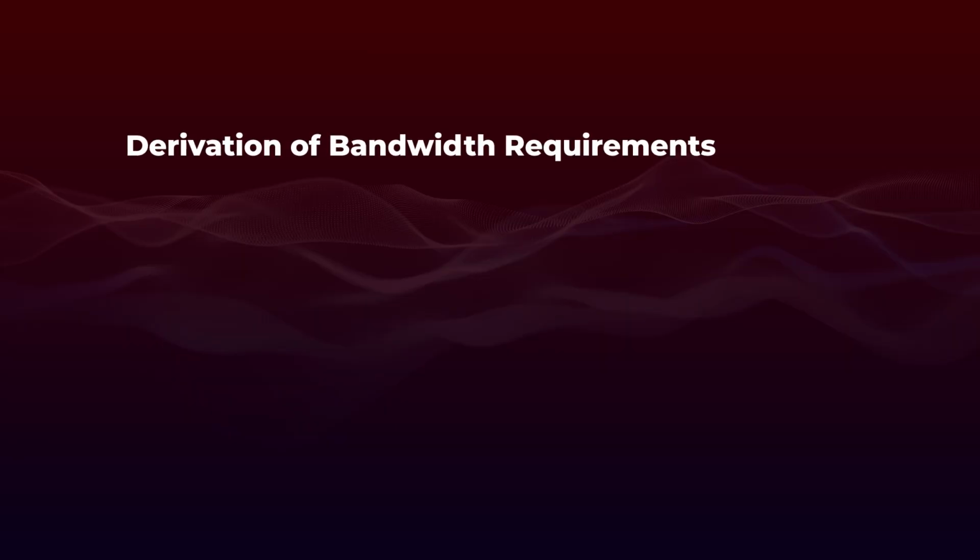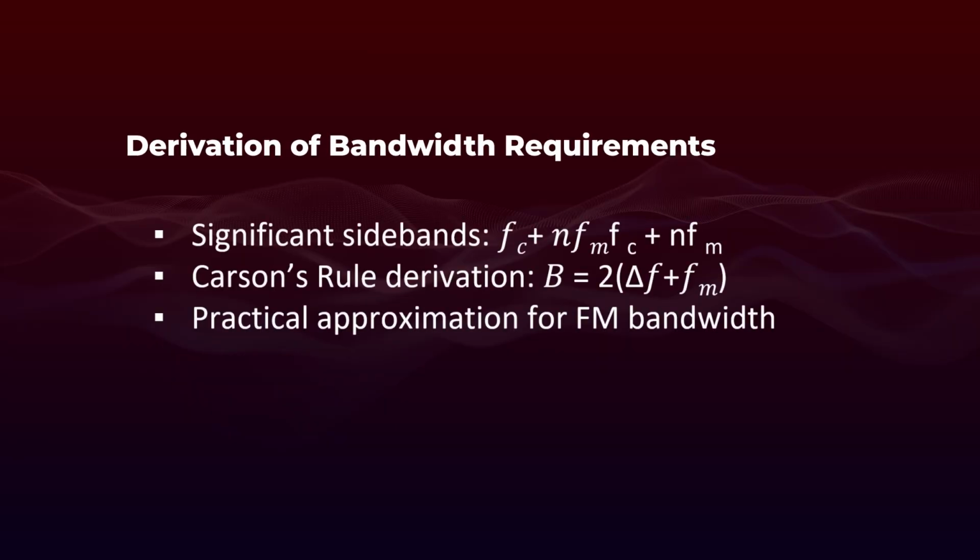To derive this formula, we consider the frequency components generated by the modulation process. In FM, the modulating signal causes the carrier frequency to deviate, producing sidebands at frequencies fc plus or minus n fm, where n is an integer representing the harmonic number.